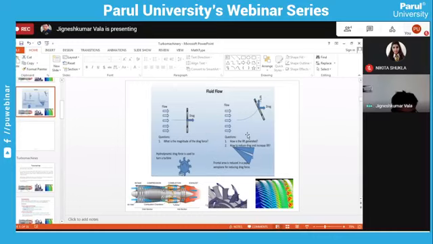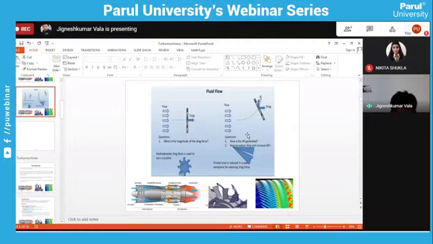Now take the case of an airplane flying in the sky. In that case, the drag force is acting against the direction of the plane, and the lift force is helping it to fly, supporting the load of the plane and also the payload. So basically lift is useful and drag is undesirable.